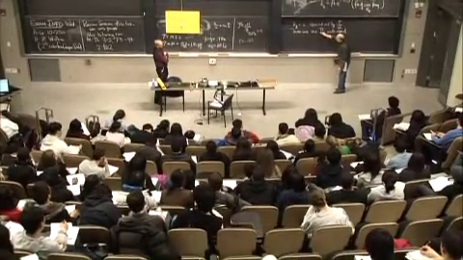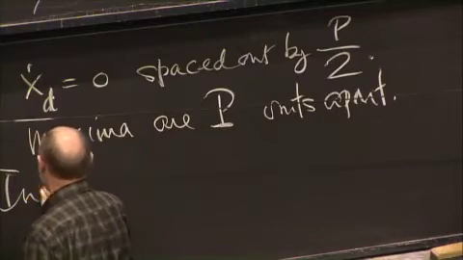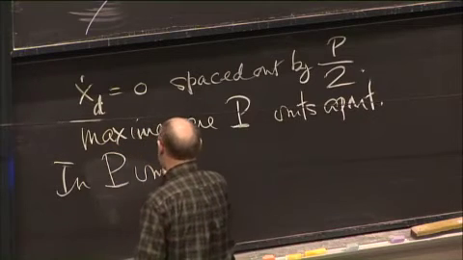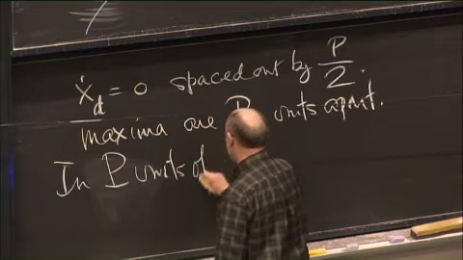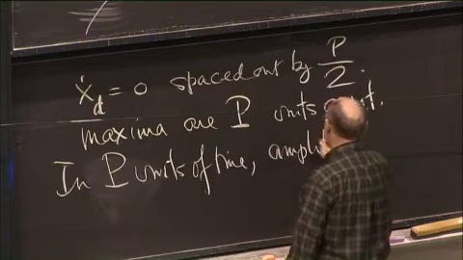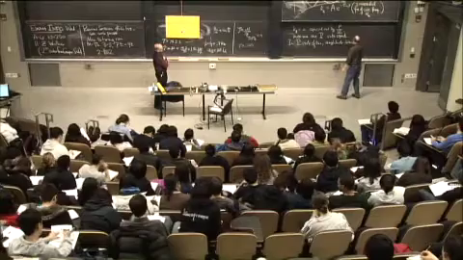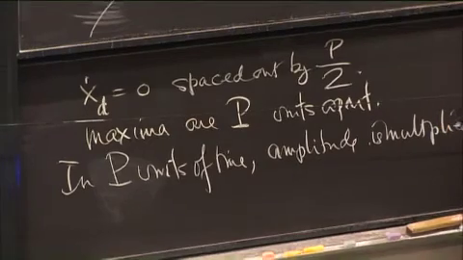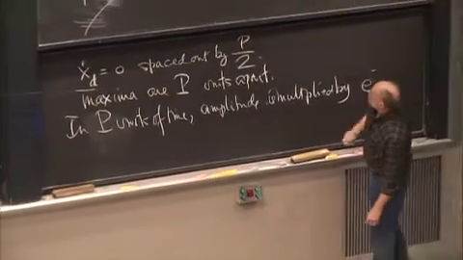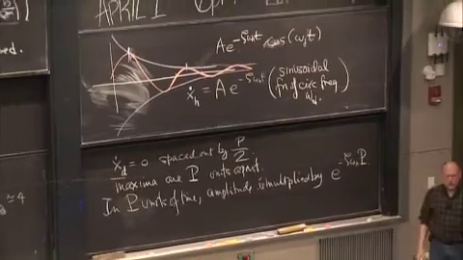In the course of adding P units of time, P seconds, the amplitude, that is the purple curve there, is multiplied by, well, by e to the minus zeta omega n times P. That's what exponential functions do.